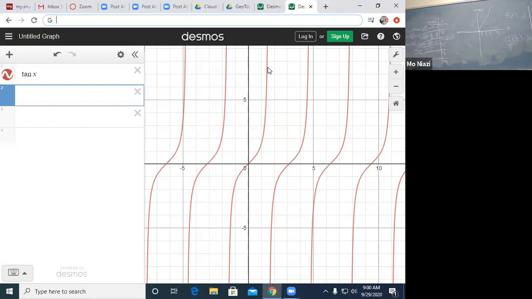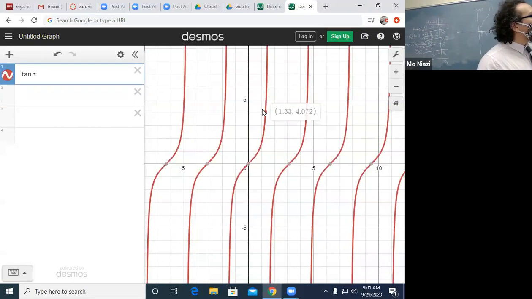Sine of pi over 2 over cosine of pi over 2. Cosine is in the denominator. When x is pi over 2, cosine evaluates to 0. So this is the same thing as 1 over 0. So this is why our tangent graph is just rising and rising when we get close to pi over 2. And then it breaks. There's a vertical asymptote here, and then it starts all over.